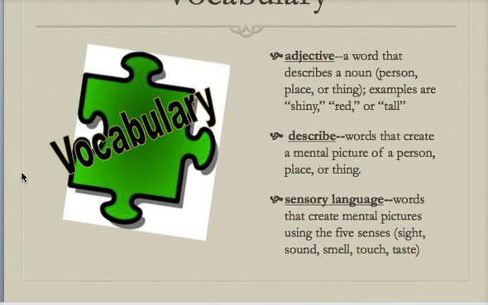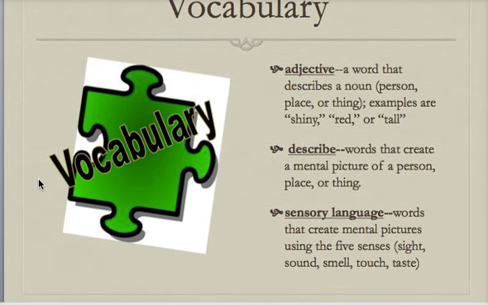So first, a little bit of vocabulary that's going to be used here. An adjective, you probably already know, is a word that describes a noun, so it's a person, place, or thing. Examples of adjectives are shiny, red, or tall. And obviously there's many more adjectives in English. The word describe means words that create a mental picture of a person, place, or thing.